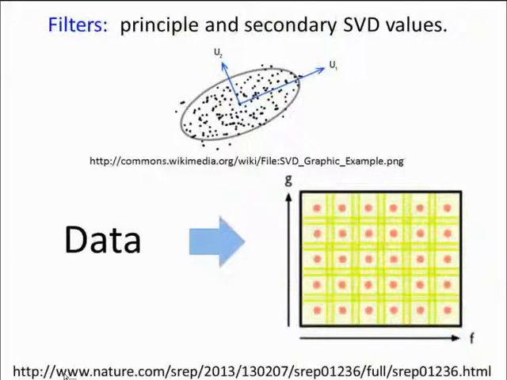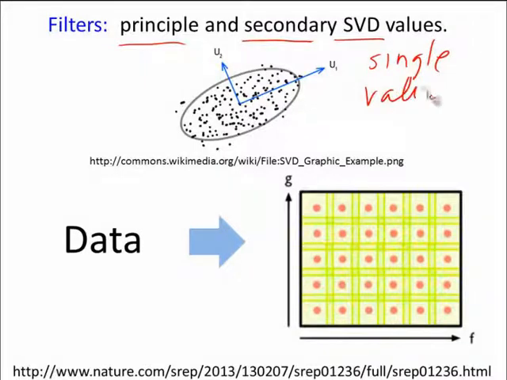And so the filter will be the principal and secondary singular value decomposition. Singular value decomposition is often used in data analysis. That's basically because, in our hand example, we could see the hand, so we could see that projecting along the x-coordinate was the best thing to do.